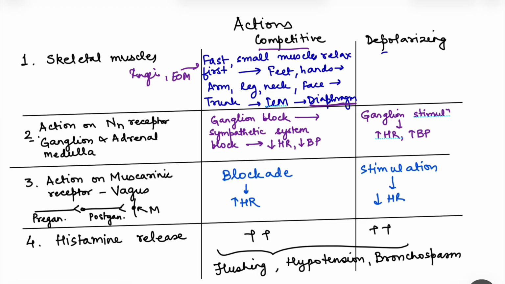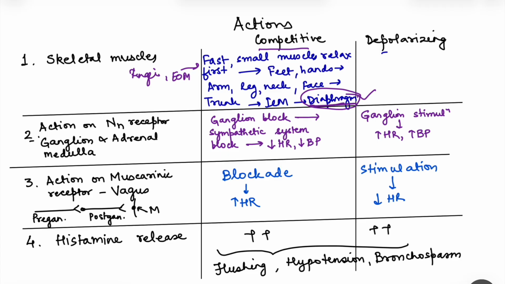At that time there is apnea, the respiration is going to stop. So obviously the person has to be intubated for respiration, right? And the recovery occurs in the opposite direction, so the diaphragm is first to recover. Second thing is that this respiratory paralysis and prolonged apnea is the most important complication of neuromuscular blockers, right?